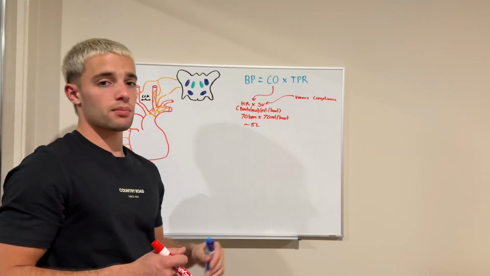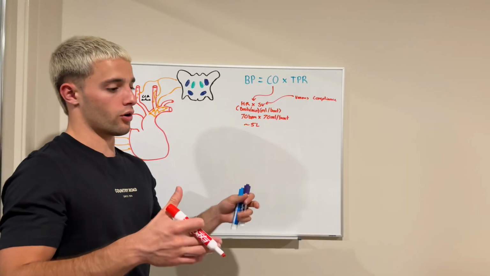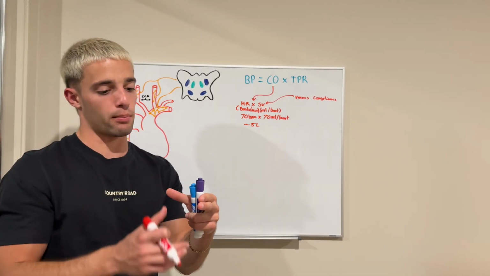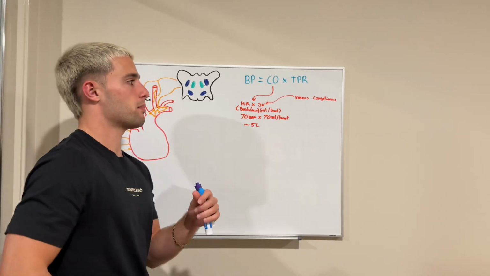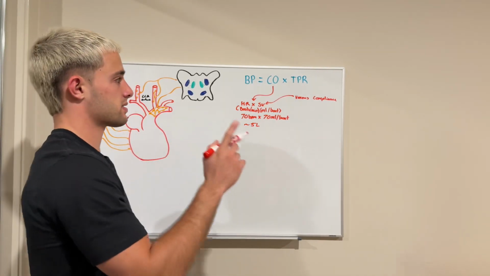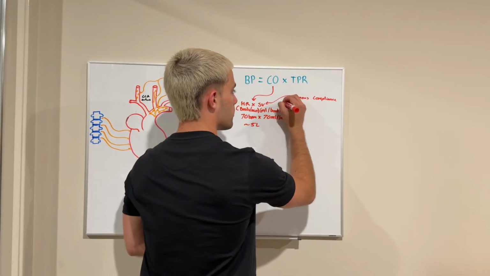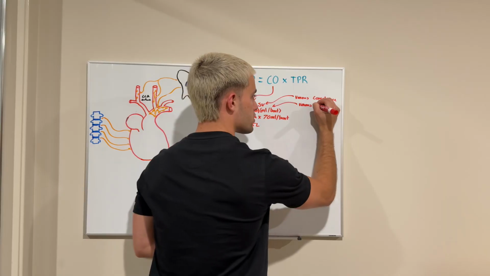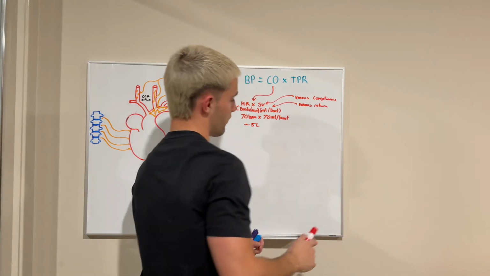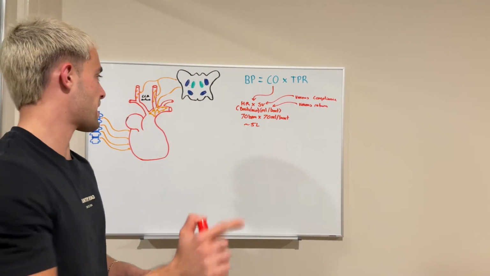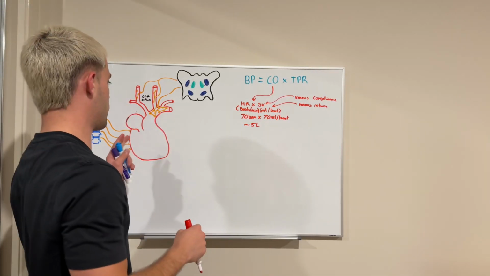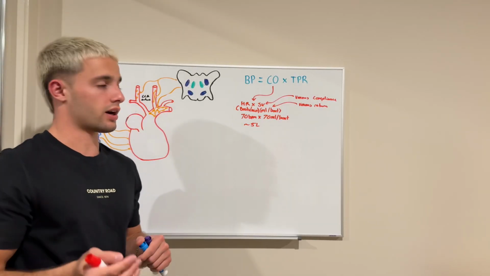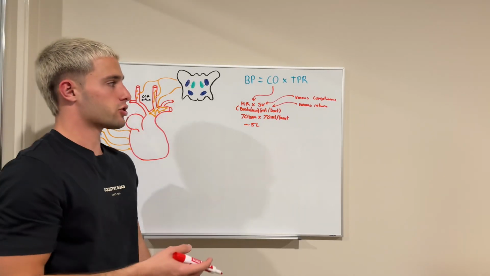If venous compliance goes down, those veins are going to constrict, they're going to get smaller, and they're going to push blood in a healthy person back to the heart. And that's my next point, which is going to influence venous return. Now, venous return is the amount of blood that comes back to the heart from the veins, in this case the superior and inferior vena cava, back into the right atrium.